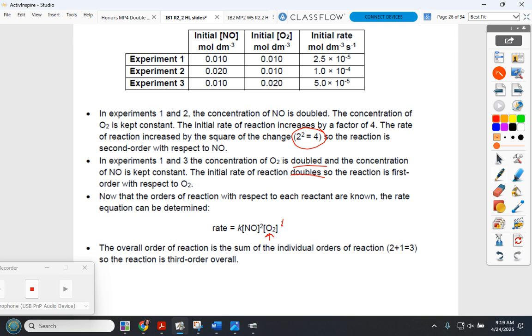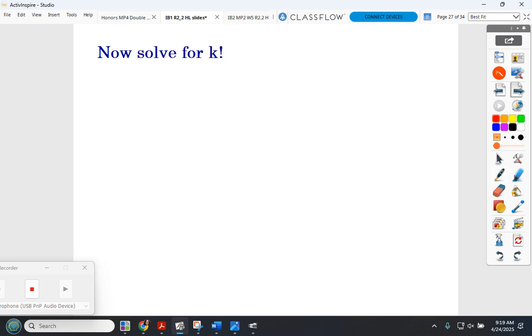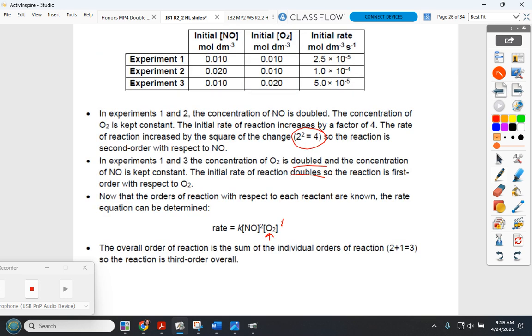The way we would do that is, we're just going to take one of the experiments, and it doesn't matter which one, because K is a constant. So it doesn't matter what the concentrations are of those two things. If we have the concentrations and we have the rate of reaction, then we can solve for K. You should be able to do it for each of these and come up with the same answer. So you just pick one and solve it.